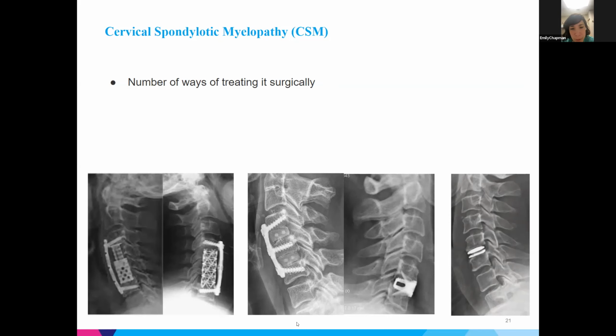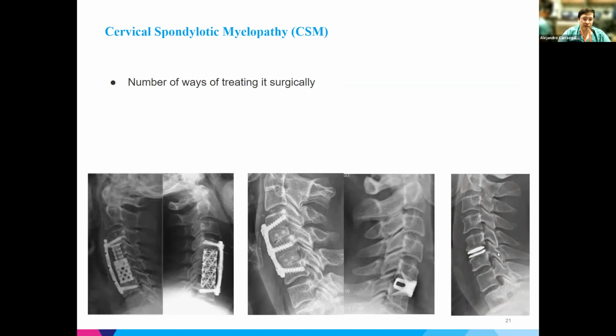Yeah, they're interbody because they're between the vertebral bodies. That's exactly right. So this is just your anterior cervical discectomy and fusion, and two different types of interbody implants that we discussed, with a plate and then the standalone cage, both of which we see.